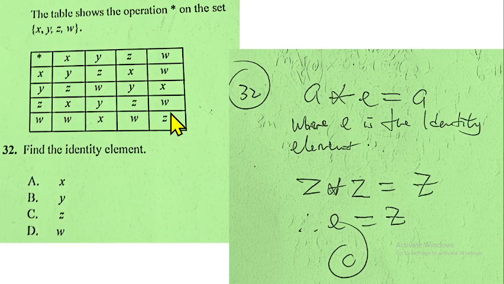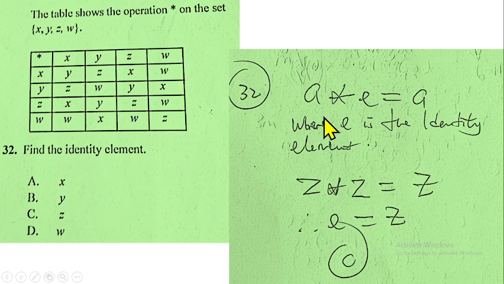Question number 32 is from binary operation. We are given a table that represents the binary operation on x, y, z, w, with the asterisk as the binary operation. The table shows the operation asterisk on the set of x, y, z, w. So find the identity element.